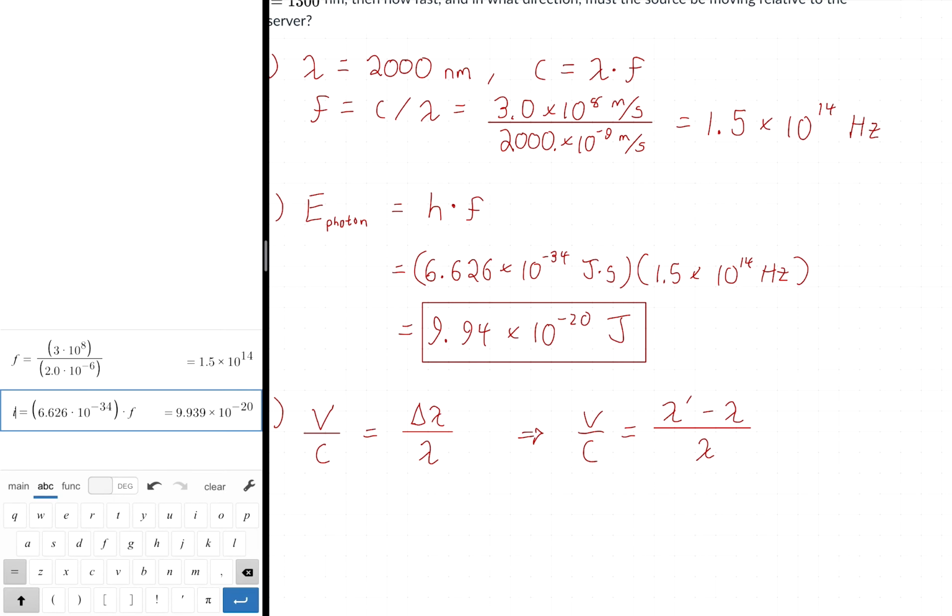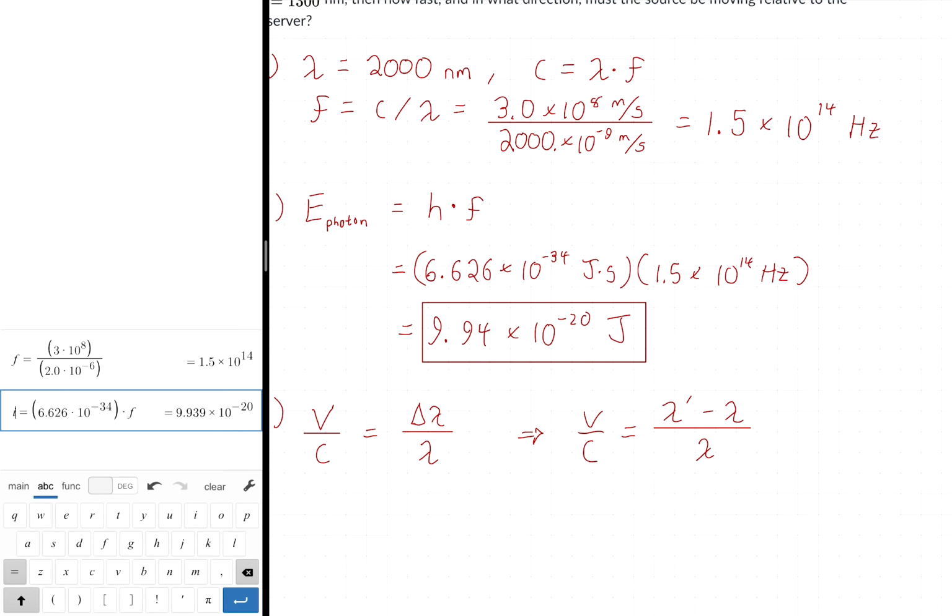So when we solve for V, we'll get a positive value, which means the object is moving away from us. A negative value means it's moving towards us. Positive is away, negative is towards. Think of a positive number line leading away from you; if an object is moving along it in the positive direction, it's moving away from you.